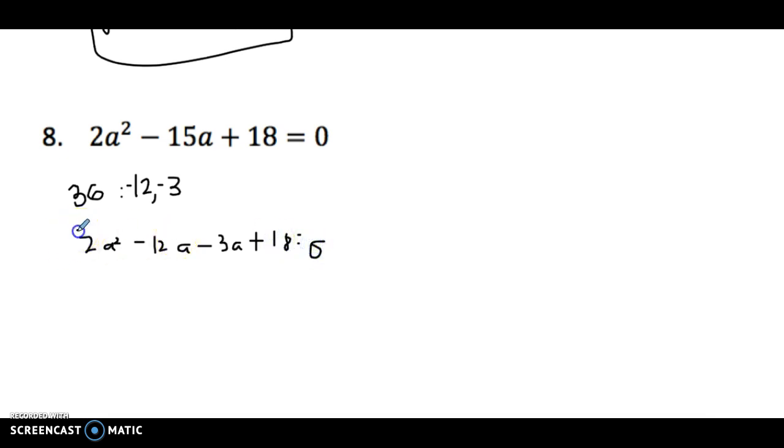Okay, and so remember we have to group them. Then you factor out the common term. So here my GCF is 2a, and I'm left with a minus 6.